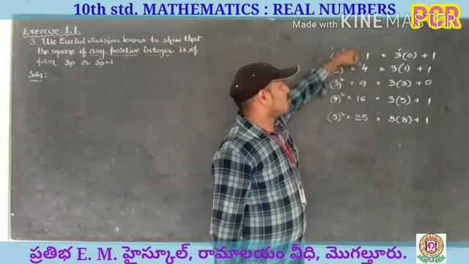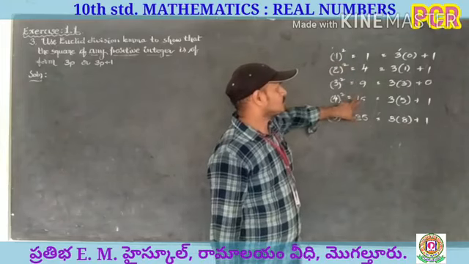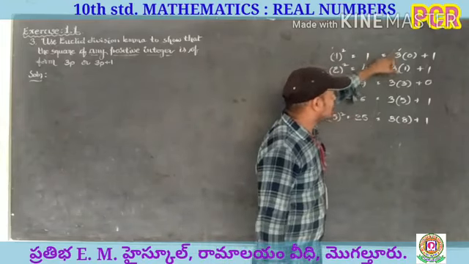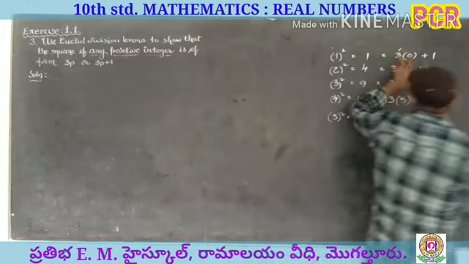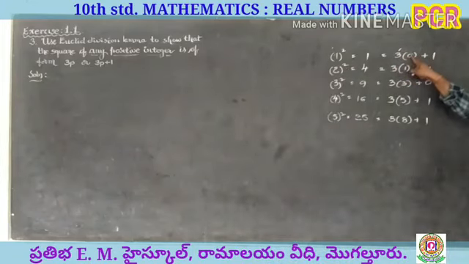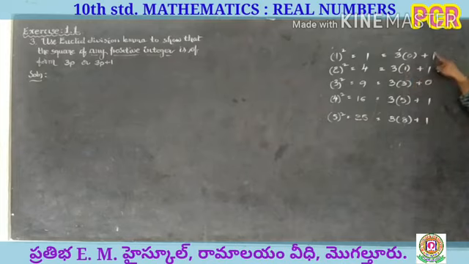squares of the positive integers, when divided by 3, we can write like this: 3 into any number plus the remainder, either 1 or 0.